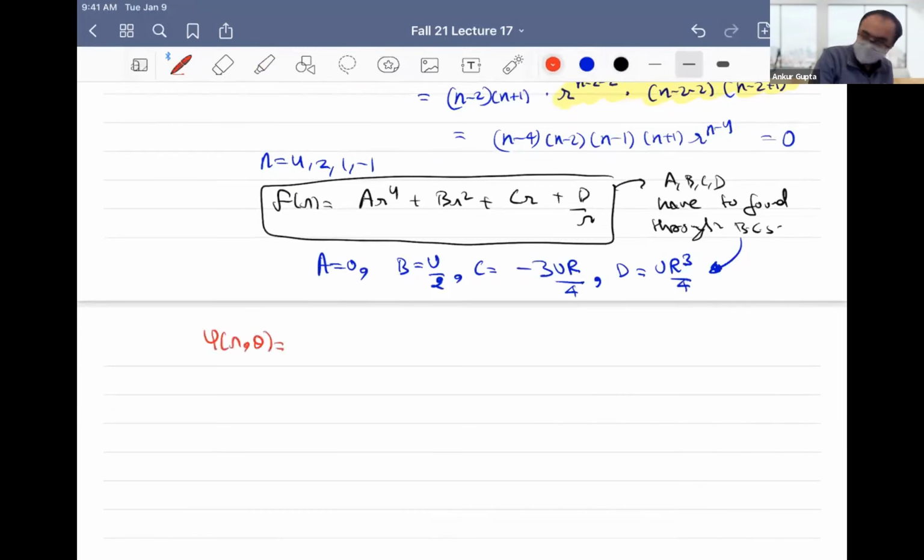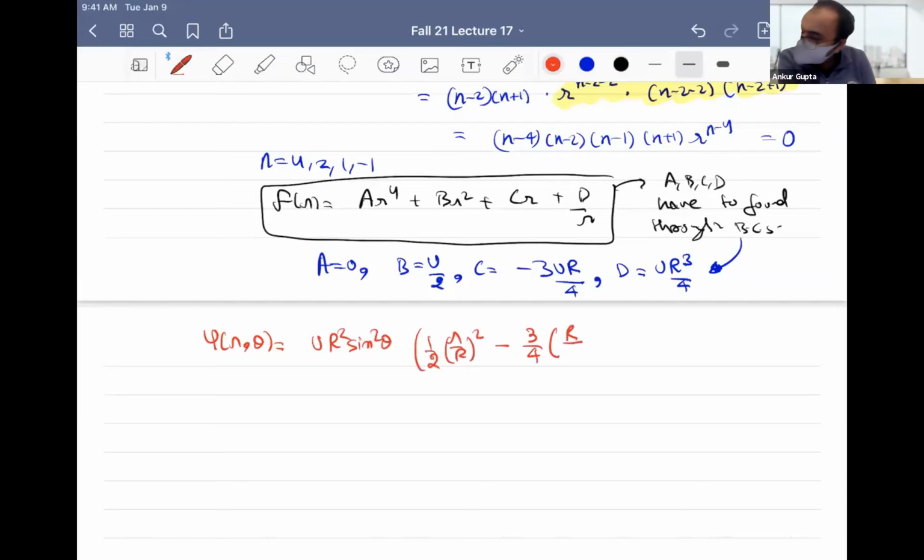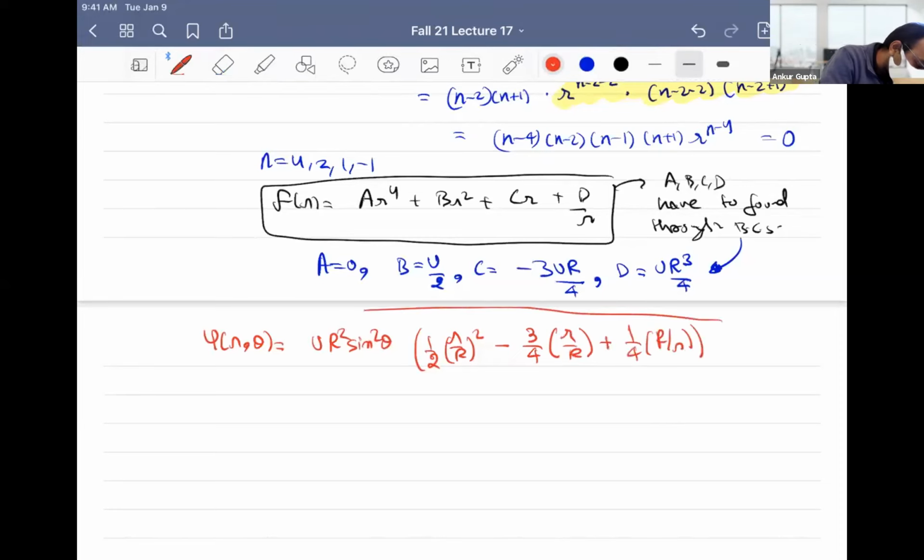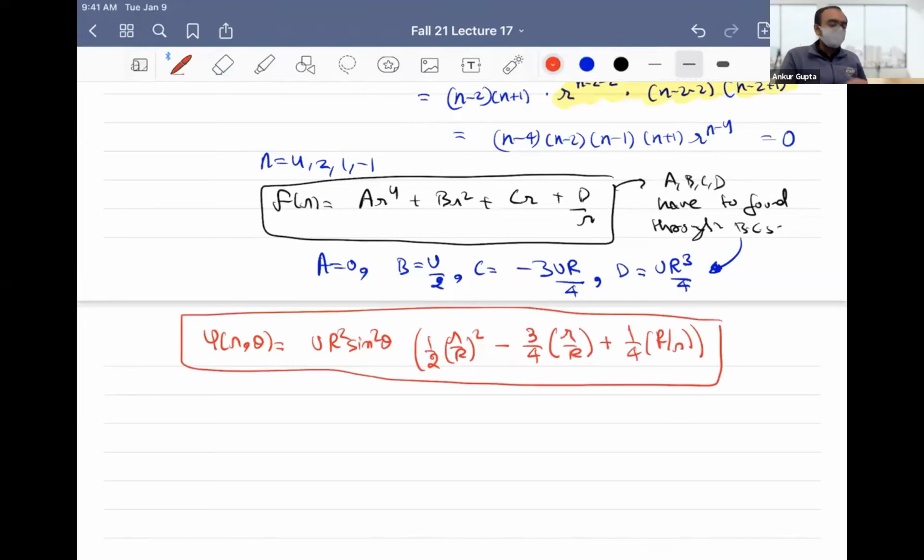Psi of r, theta is u r squared sine squared theta, times R by r whole squared by 2, minus 3 by 4 R by r, so capital R by small r, plus 1 by 4 r by R. Okay, so we finally have found the stream function solution, which is the idea behind these flows: first you start with the stream function solution, use the boundary condition to propose a separation of variables kind of method.